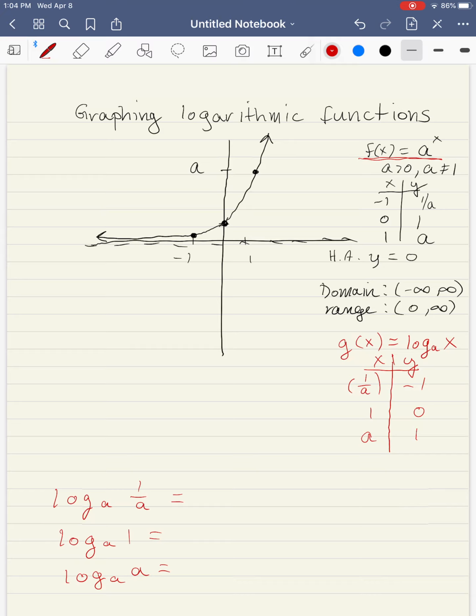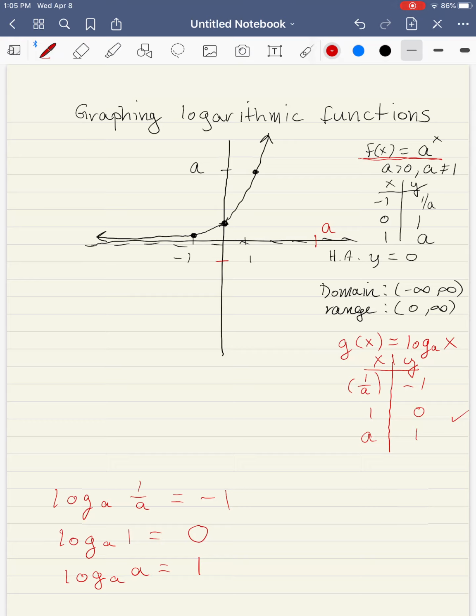And we see that we have a to what power equals 1 over a? -1. A to what power equals 1? 0. A to what power equals a? 1. And that's exactly what we have here, our 3 ordered pairs. If I plot those 3 ordered pairs on my graph here, I have 1 over a.